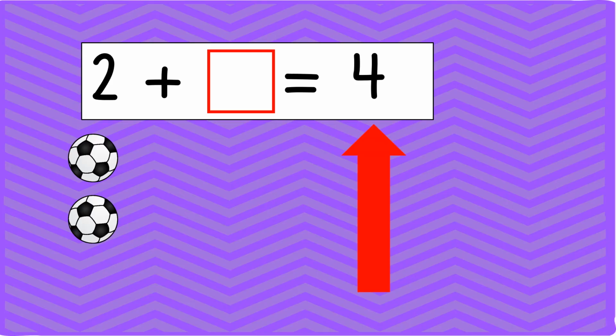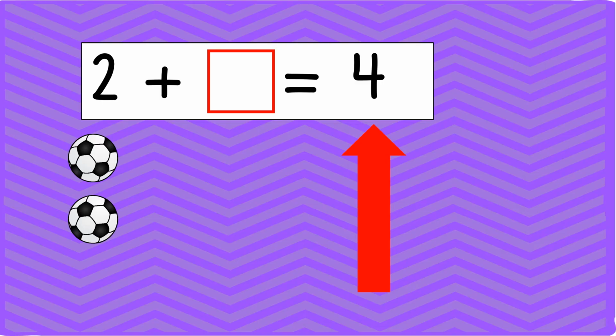And then we do know the number 4, which is the sum. We are going to have to stop counting at the number 4. So we're going to start counting from number 2 all the way to number 4. Let's see how many more balls we need to get to the number 4.